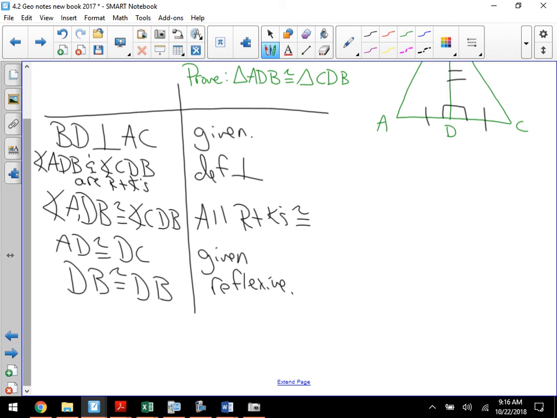Are the triangles congruent? Because of what? You can only show triangles are proven congruent by one of these. And now I think they told us to say triangle ADB. Thank you.